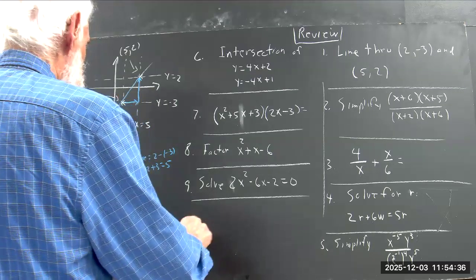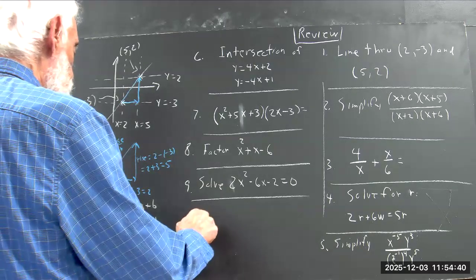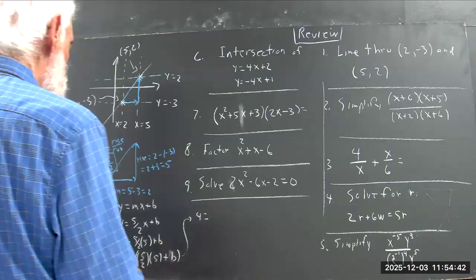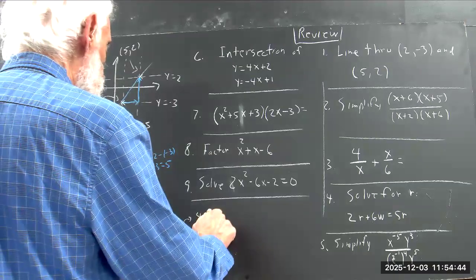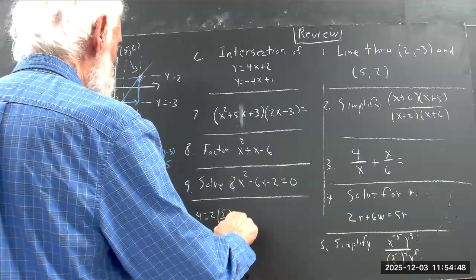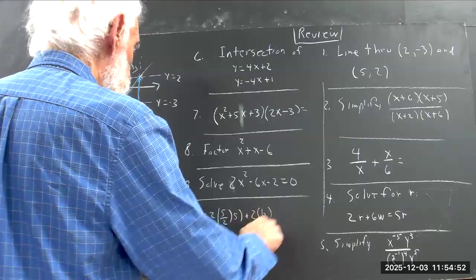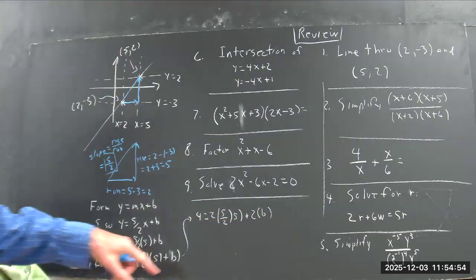Now we'll just go up here because I don't have room. Okay, and we get 4 equals 2 times 5/2 times 5 plus 2 times b, distributing the 2 through both sides.